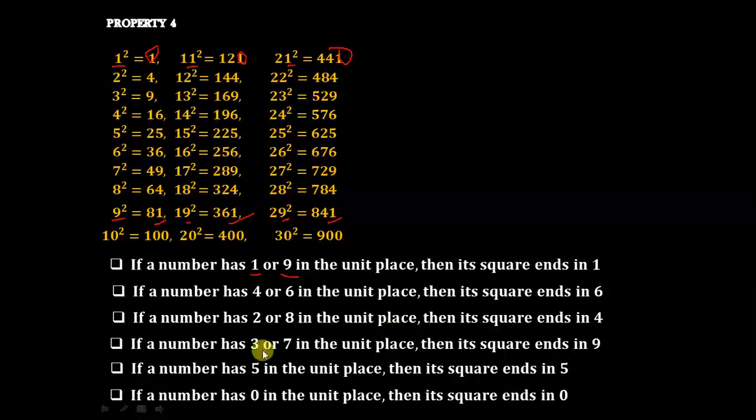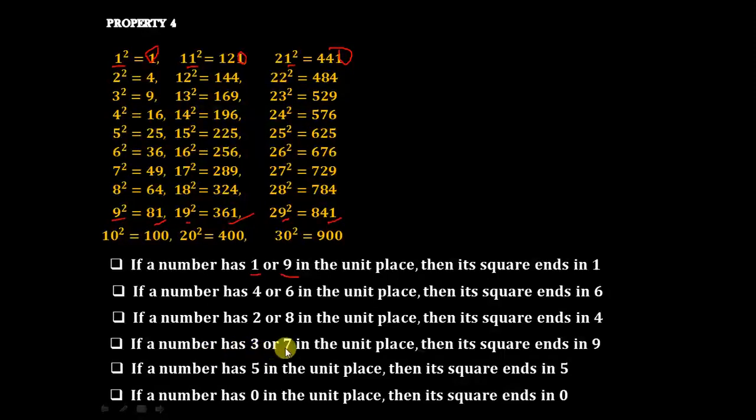Now the overall conclusion: if a number has 1 or 9 in its unit place, then its square ends in 1. If a number has 4 or 6 in its unit place, then its square ends in 6. If a number has 2 or 8, then its square ends in 4.